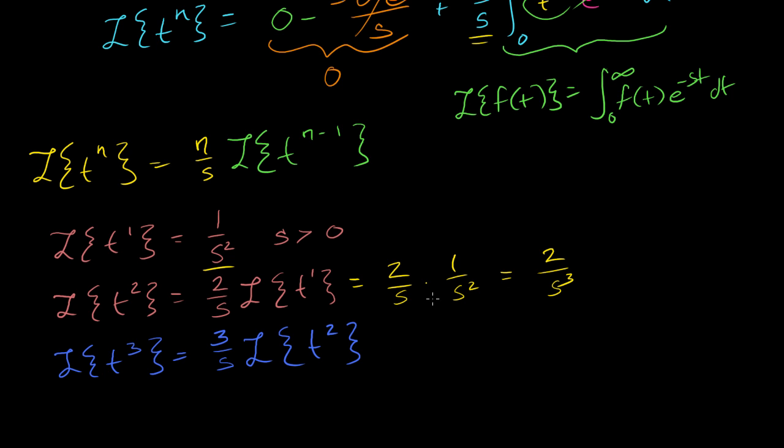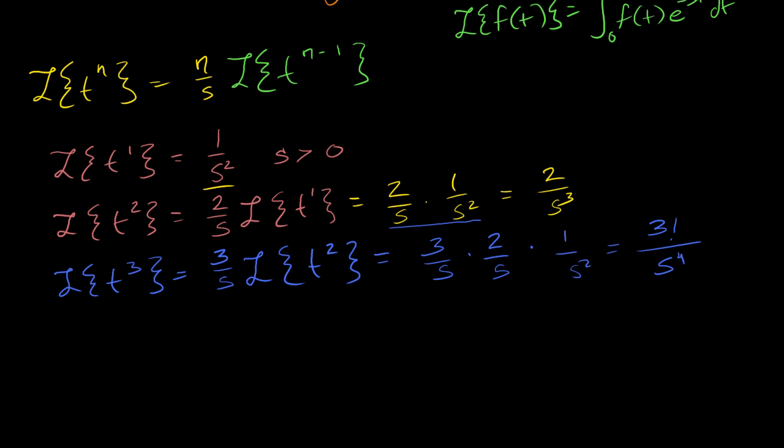So it's equal to 3 over s times this thing. And I'm going to actually write it this way because I think it's interesting. I'll write the numerator 3 times 2 times 1 over s squared, which we can write as 3 factorial over s to the 4th power.